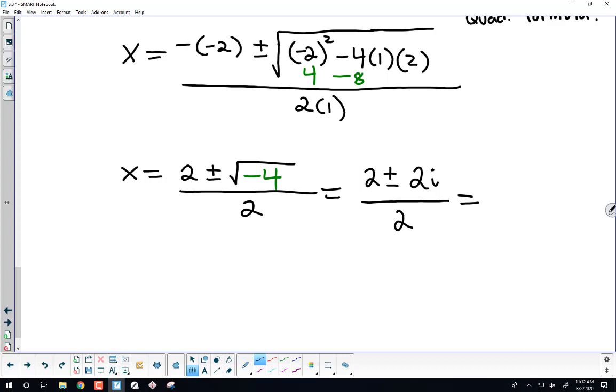Yes, everything divided by the 2 on bottom. 2 divided by 2, plus or minus 2i divided by 2. In other words, our two solutions are 1 plus i and 1 minus i. So those are both the values of x that make our quadratic 0.